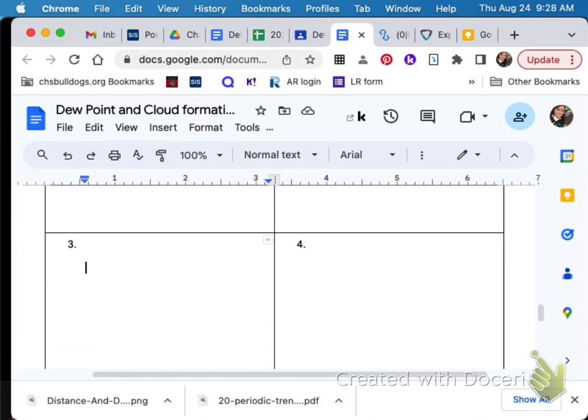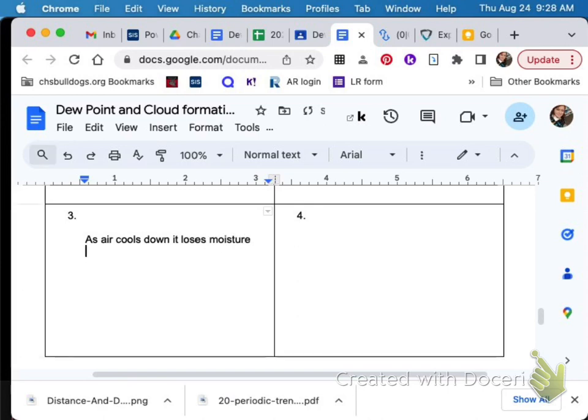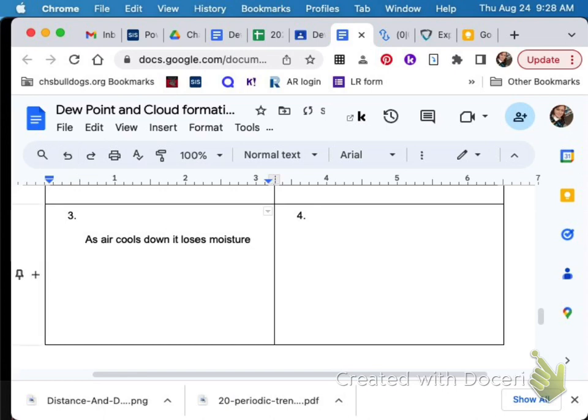And then as we discussed, as air cools down, it loses moisture. So you can draw a little arrow for moisture.